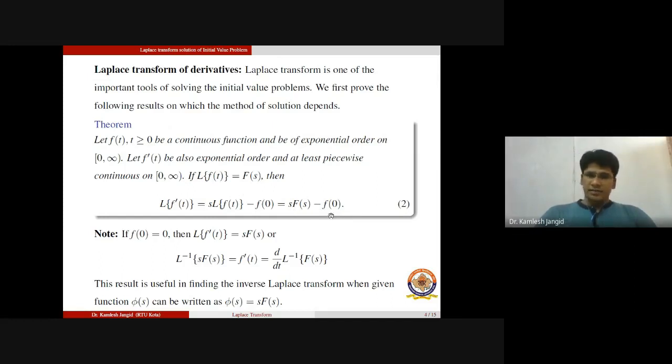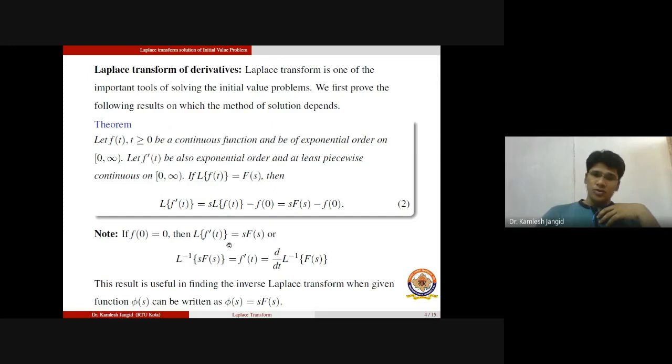Especially if the value of this function at 0 equals 0, then the Laplace transform of the first derivative of the function f equals s times the Laplace transform of f. Or you can also write the inverse Laplace transform of s times F(s) equals f prime t. It means the inverse Laplace transform of this equals the first derivative of the function, or you could also write it as d upon dt of the inverse Laplace transform of F(s).